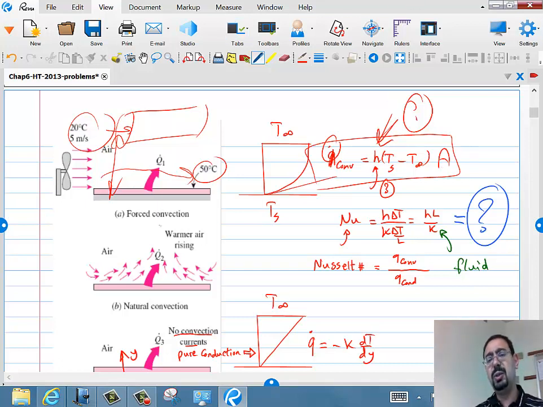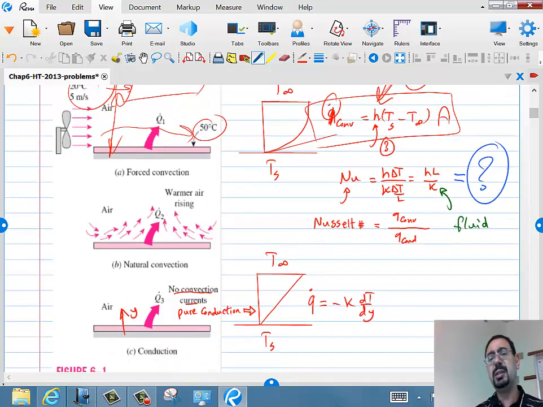So those formulas, you know that anytime you try to come up with a formula that has units, or if I basically tell you that h is 5 watt per meter square Kelvin for a flow over a 5 by 5 meter square plate with air at 20 degrees and 5 meters per second, you know that this number will be different if this plate is a little bit bigger, or if the air velocity is a little bit stronger, right?